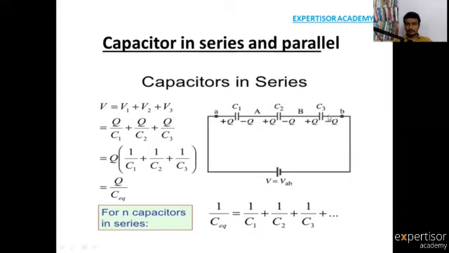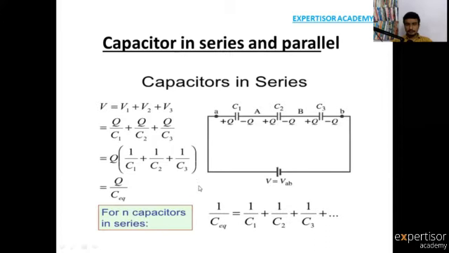The sum of the voltages of the three capacitors is equal to voltage at battery. So this is the equation for this statement. V is equal to V1 plus V2 plus V3. This sum must be equal to voltage at battery.